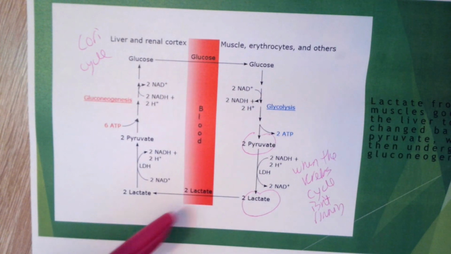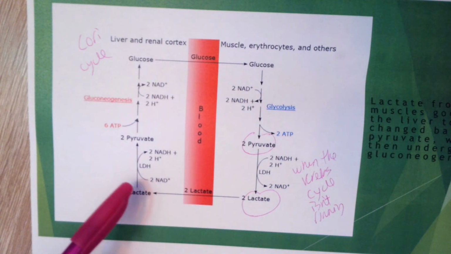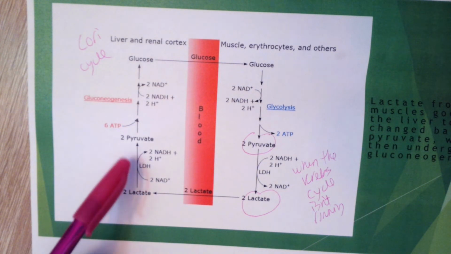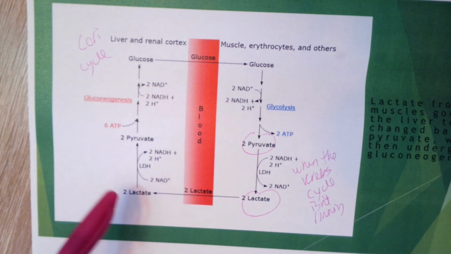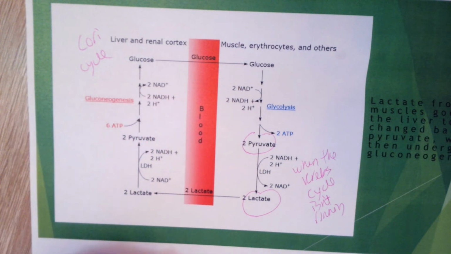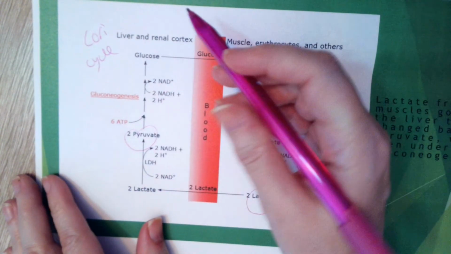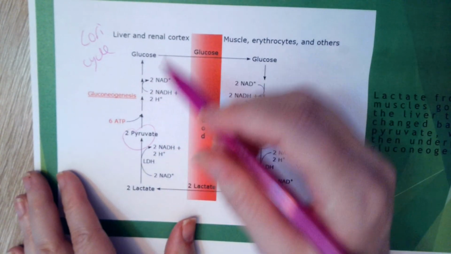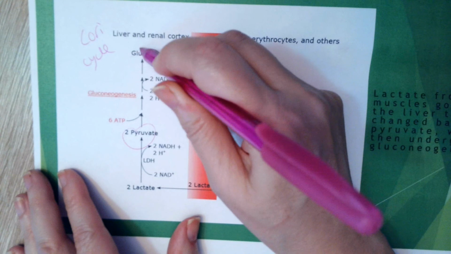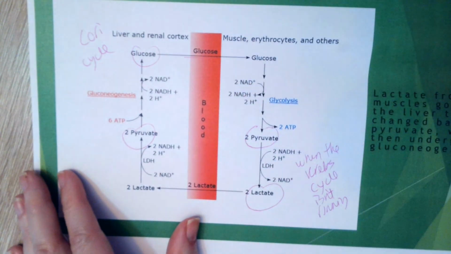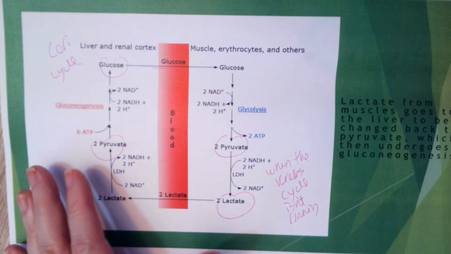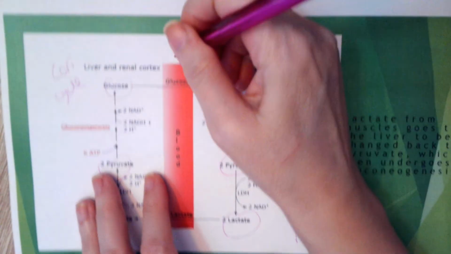That gets into the blood, travels through the blood, and gets to the hepatocytes, and we do the reaction backwards, and we end up with pyruvate, and then we go into gluconeogenesis from the pyruvate, same as how we did it earlier in this lecture, and then we have glucose, and the glucose goes into the blood, and we end up raising our blood sugar.